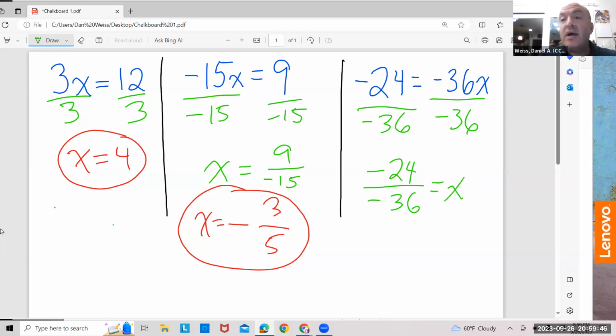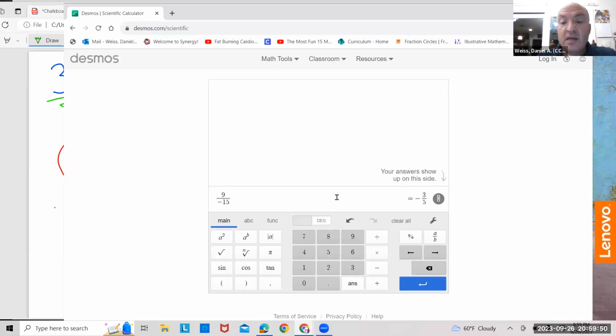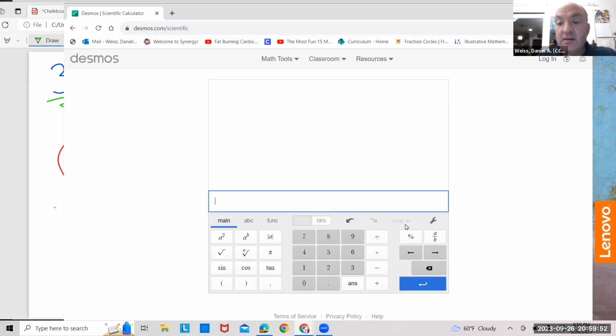You know what? Go ahead and put that in your calculator. Here, I'm going to clear all, and go back to the A over B key. I'm going to click negative 24 on top, and then on the bottom, I'm going to click negative 36.